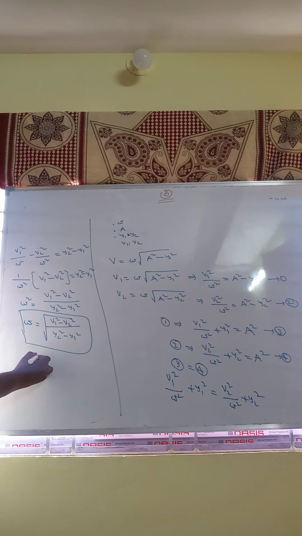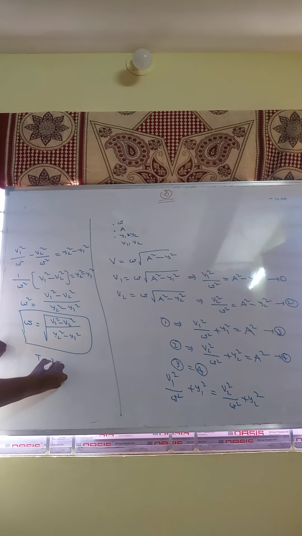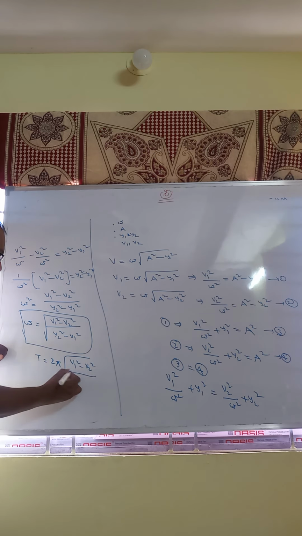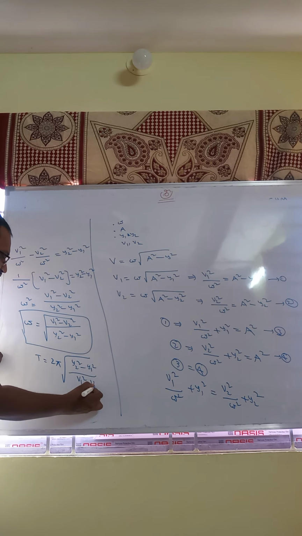Similarly, omega equal to 2 pi by capital T, so T equal to 2 pi by omega. So the time period T equal to 2 pi into root over y2 square minus y1 square by v1 square minus v2 square.